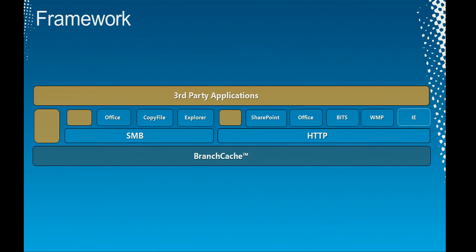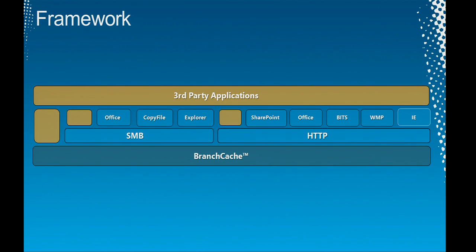What the little brown spots mean is we also have an area for you to extend BranchCache. So on the left of Office, if you want to put in something that leverages SMB, we've got an entire documented set of APIs on how to do this. If you talk to your dev organization, all this protocol tie-in is documented on MSDN. Or you want to build a new protocol like FTP, or tie something else into BranchCache. You can do that too. Or you want to do a third-party application that ties into one of these applications.